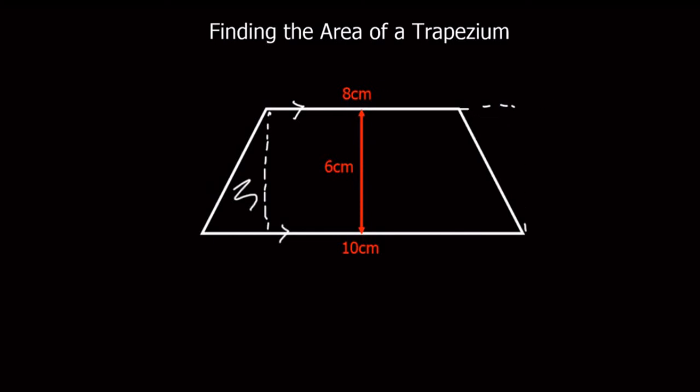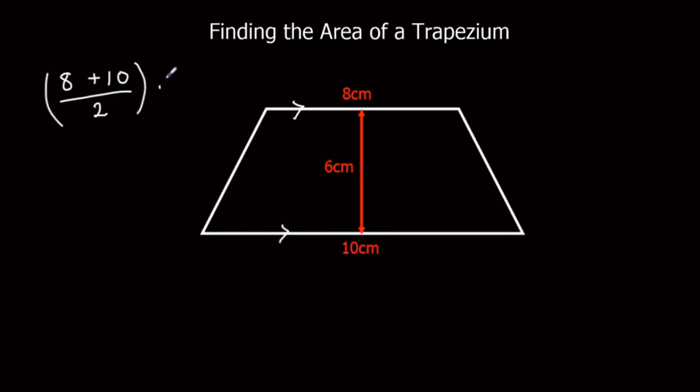And the way we find the area of a trapezium is by doing the average of the two parallel sides. So half the sum of the parallel sides. If we've got 8 and 10, the two parallel sides, we add 8 and 10 and half it. That's the mean average of the two parallel sides, and then you times it by the perpendicular height.